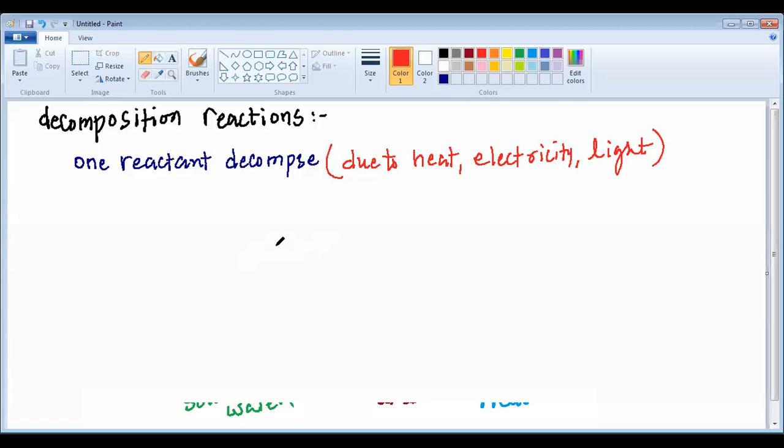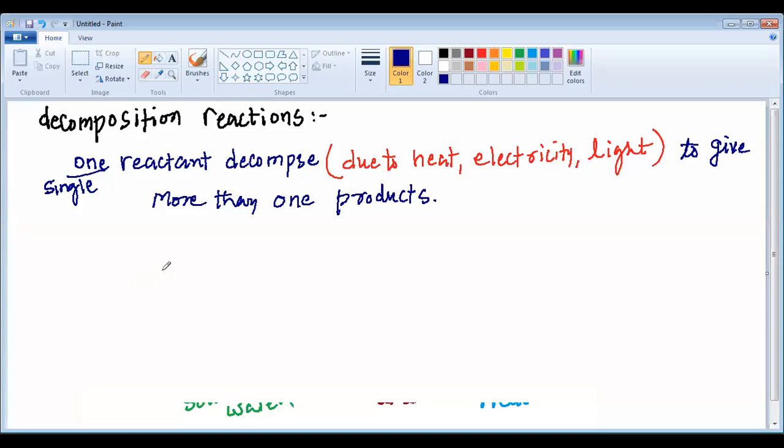Please remember that one reactant, or instead of one you can write single, a single reactant decomposes to give more than one product. Such a reaction is known as a decomposition reaction.